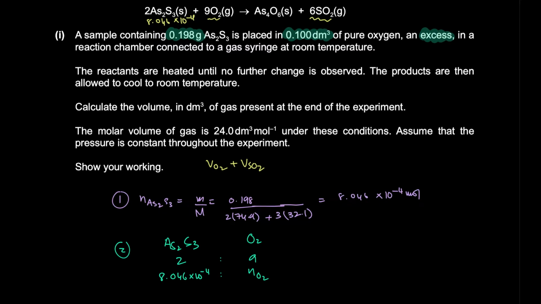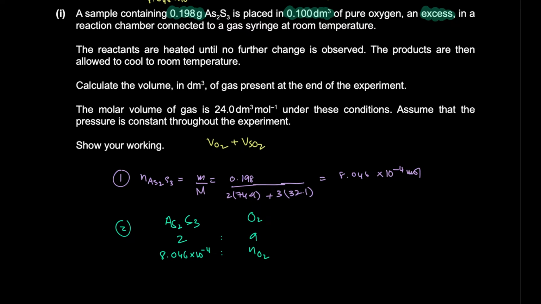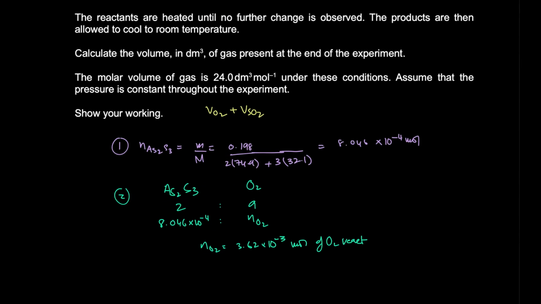So here, for the number of moles of oxygen that react, we get 3.62 times 10 to the power of negative 3 moles of oxygen react. So then, can I figure out the volume of oxygen that reacted?